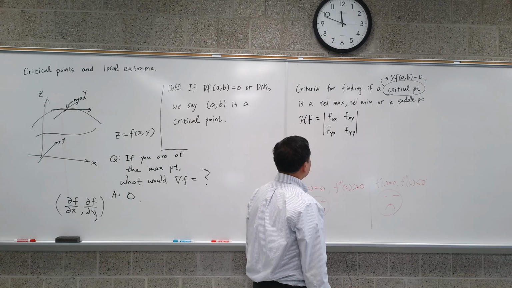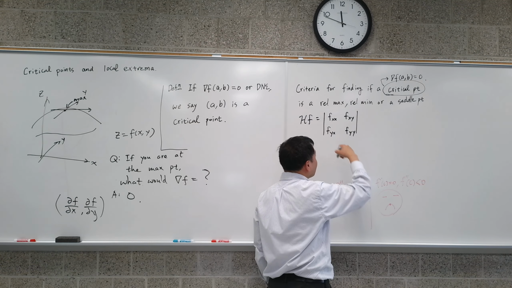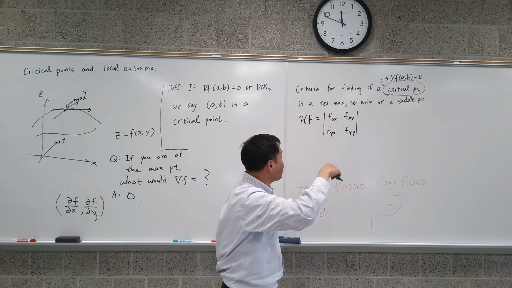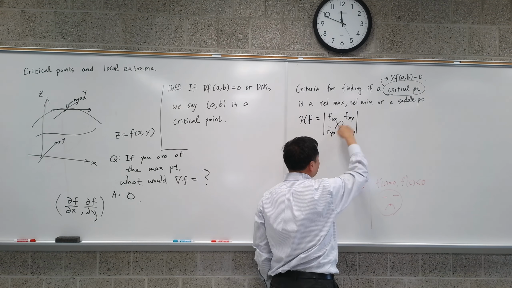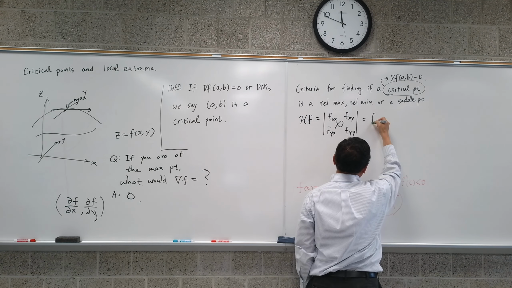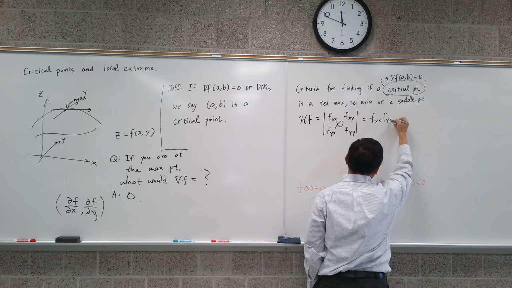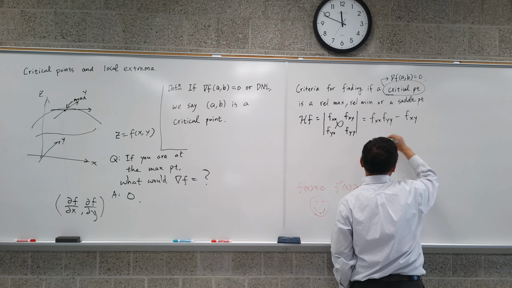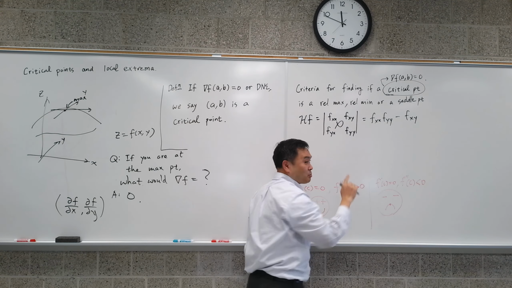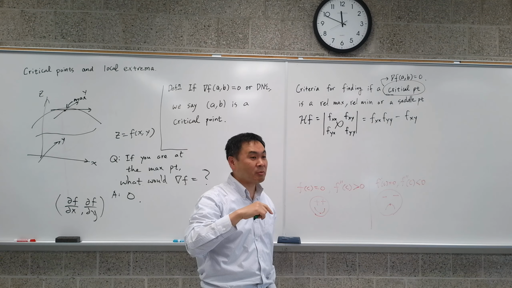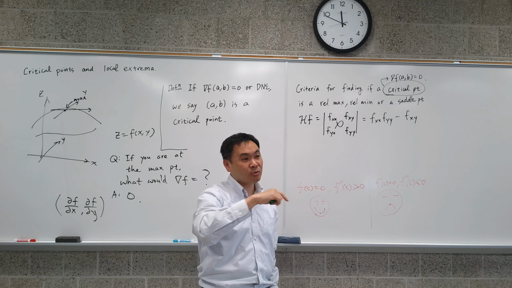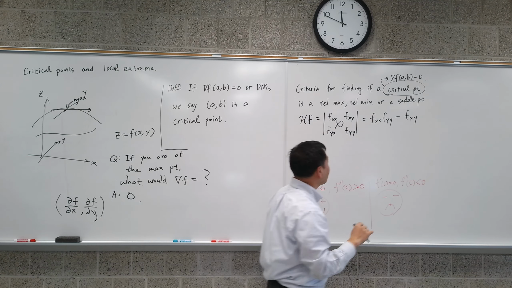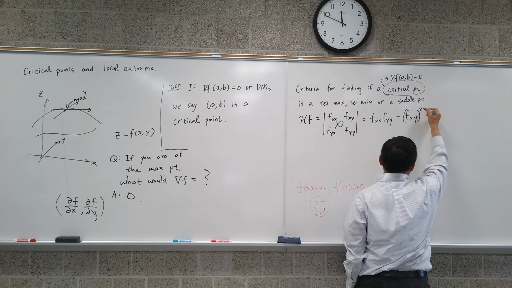And this here means it's a determinant. So if you have a determinant, how do you calculate it? It's AD minus BC, right? So that's the same as fxx times fyy minus fxy times fyx. But it turns out that the partial derivatives commute. Whether you differentiate by x first and then y, or by y first and then x, you get the same end result, so we're just going to say it this way. So that's the Hessian.